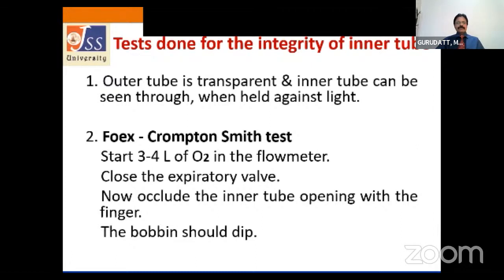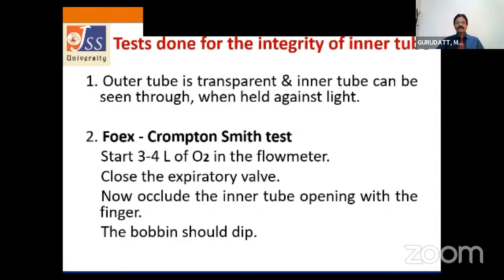If you occlude the opening of the fresh gas flow, that is the inner tube, the back pressure should be carried to the flow meters and there should be a dipping of the bobbin. With the later Ganesh modification, instead of using our finger, since many times our finger may not go through the outer tube to block the inner tube, he used the barrel of a syringe. That is called the Ganesh modification of the Crompton-Smith test.